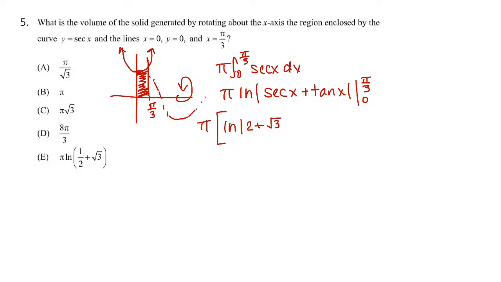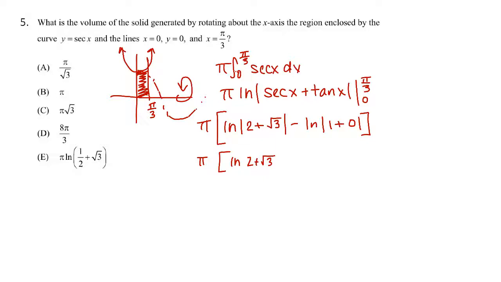root of 3. And so there's my top endpoint minus the bottom endpoint, which is going to be natural log absolute value of secant at 0 is 1 plus tangent at 0 is 0. So when we finish this, we do have pi times the natural log, and that's going to be a 2 plus square root of 3.